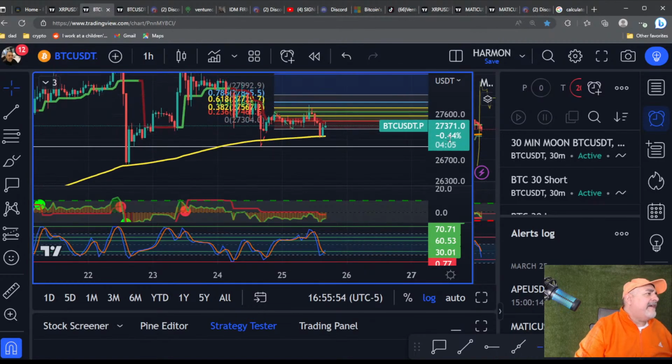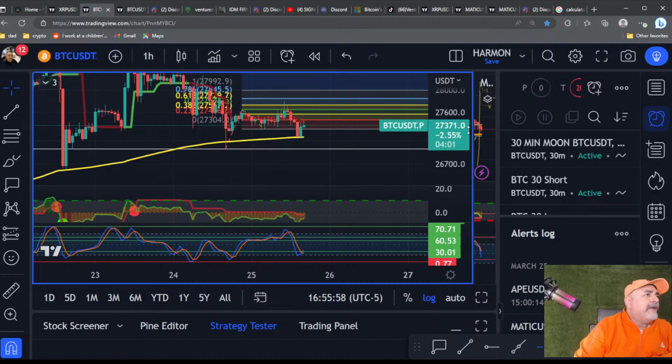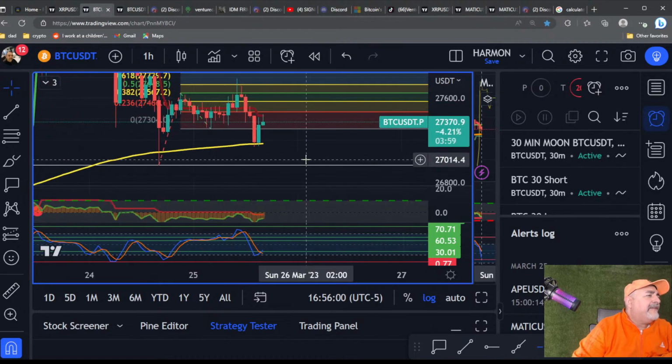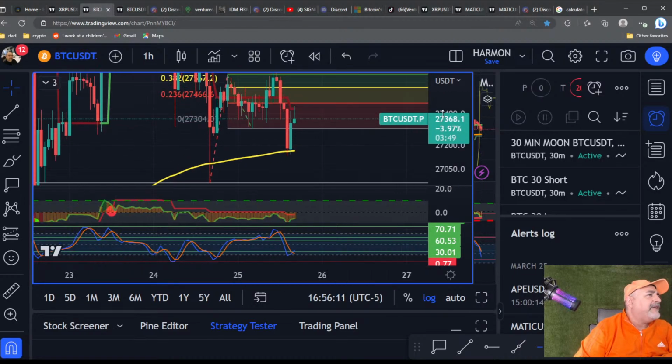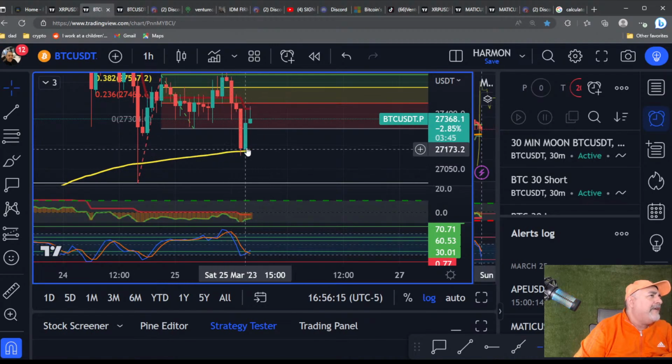That's how easy it is. Okay, so this is kind of like cheating the system, right? This is kind of like getting the best entries possible. This is just going to increase the probability of winning a trade if you're playing the 200 moving average. This gives you a better entry higher than everyone else.